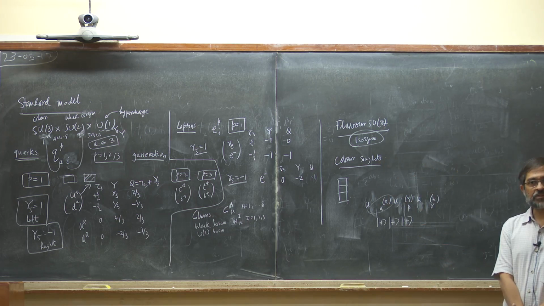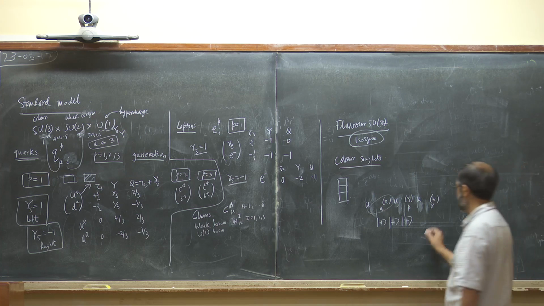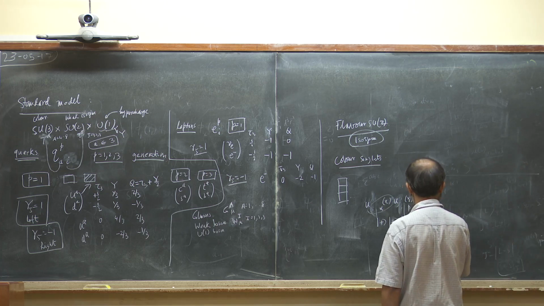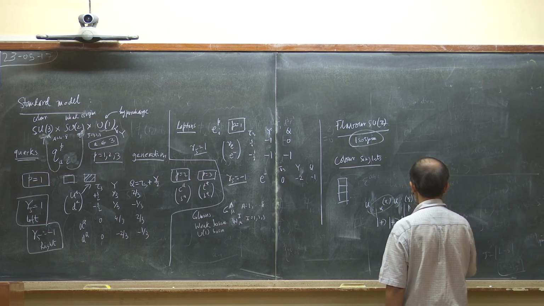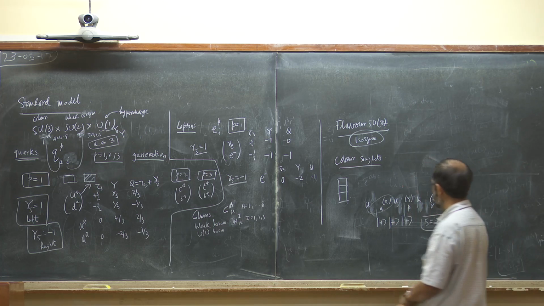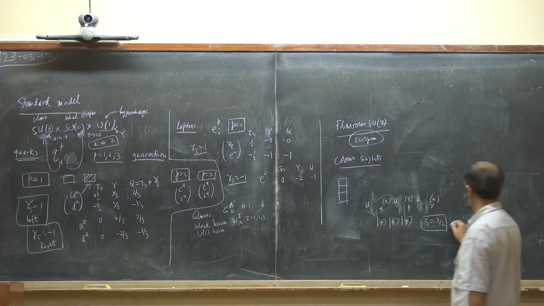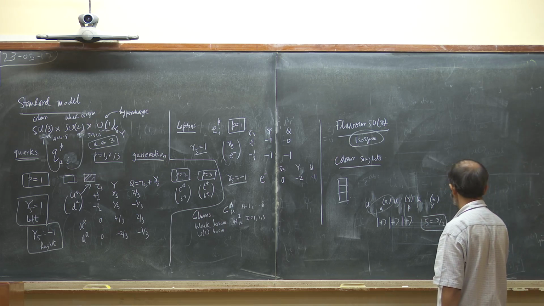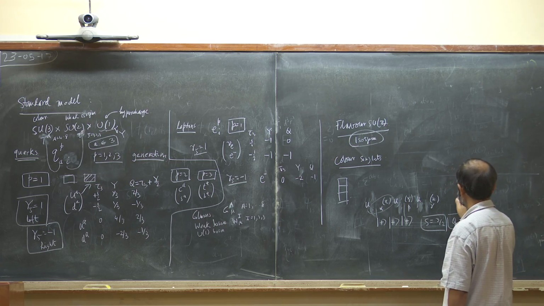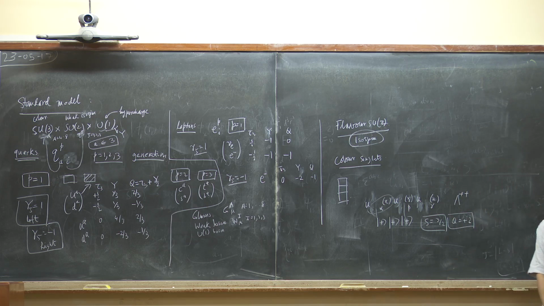So this must be in the spin 3 half representation, and I have taken all of them to be U. What is the total charge of this? Plus 2. So the total charge is plus 2 and the spin is 3 half. This animal is called a lambda baryon, lambda plus plus.